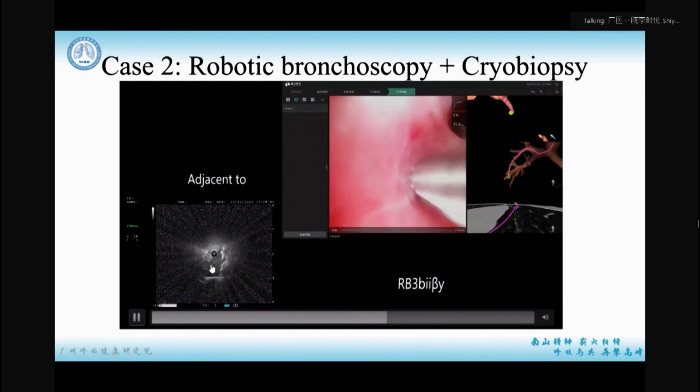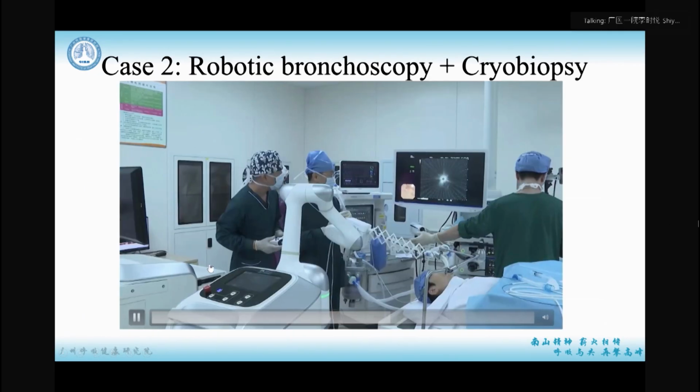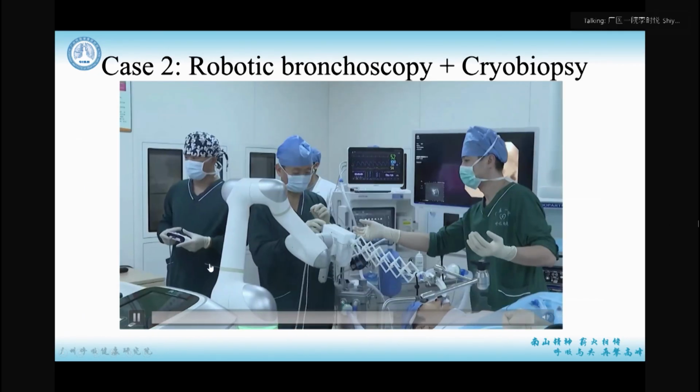Here we can see the lesion is over here.